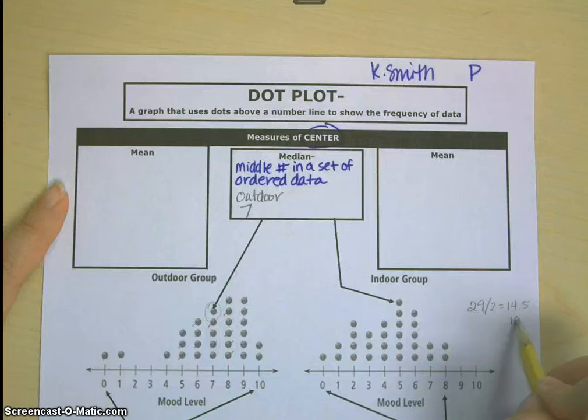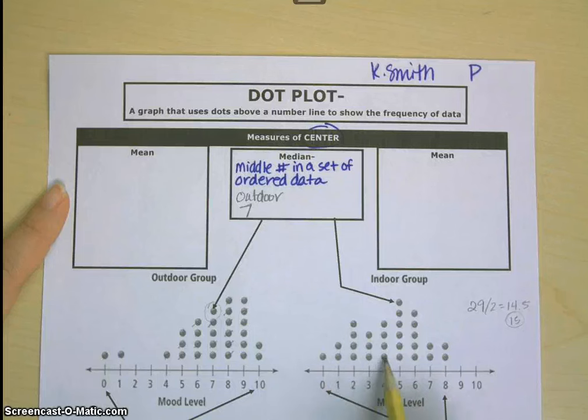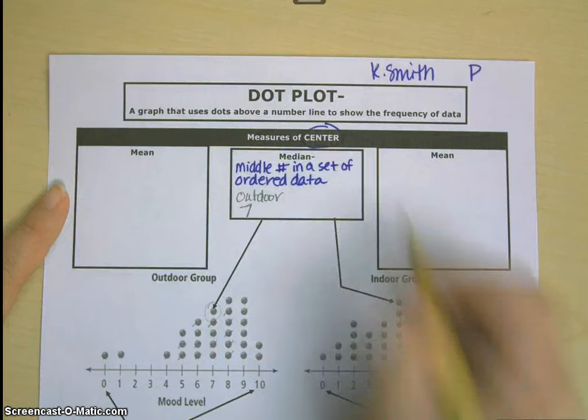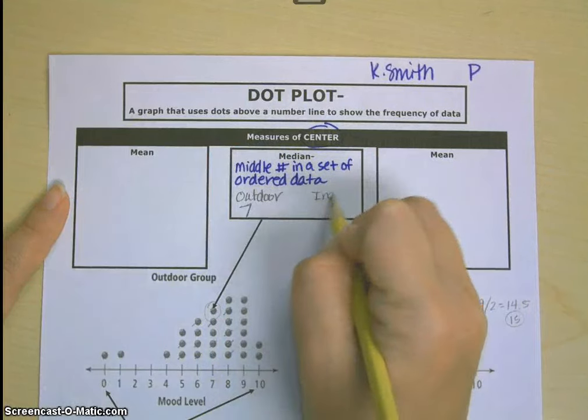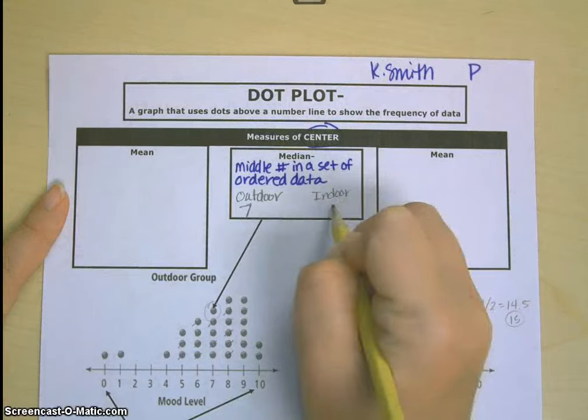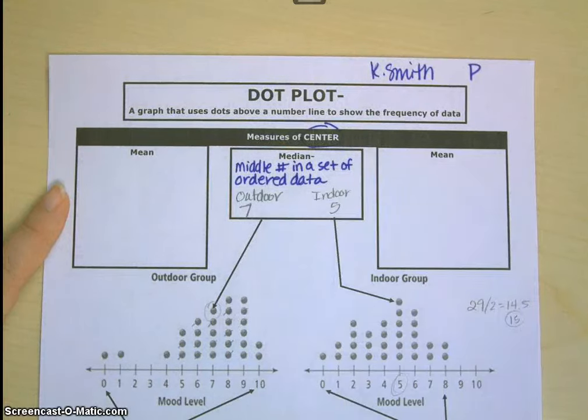So the 15th one will be my median. So 1, 2, 3, up to 15. So any of these 5s would be my median. Okay. So for the indoor group, my median is 5. All right, so that's our median. Remember, at any time you can pause or rewind.